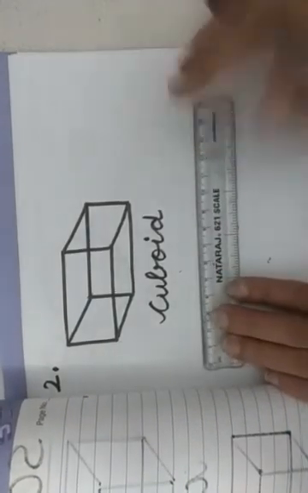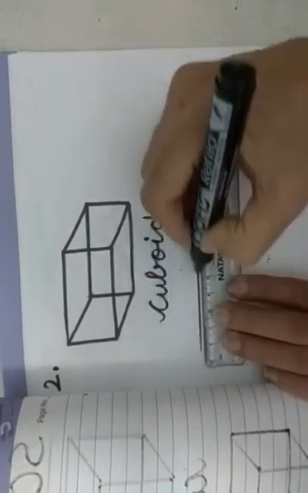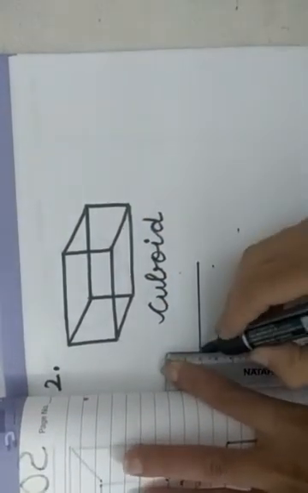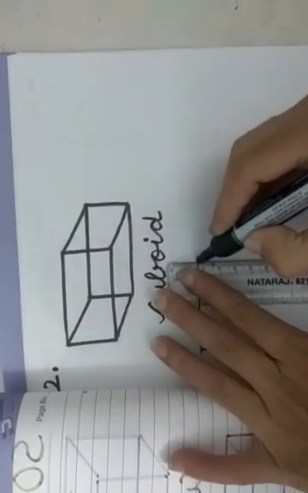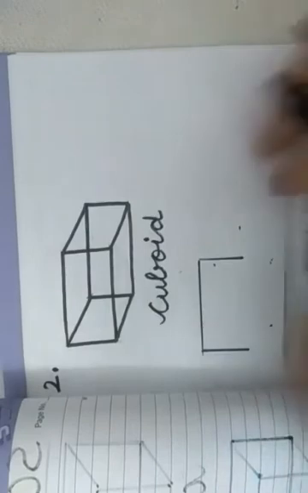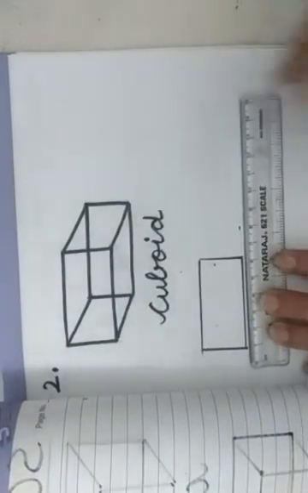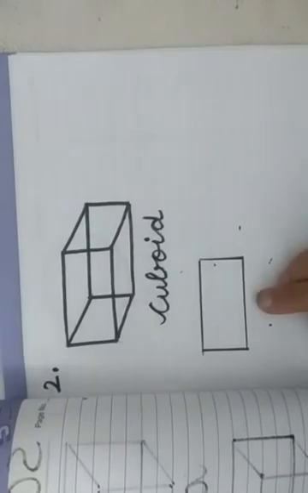Now start. Look here. You have to draw one rectangle. Again, you can use a scale for making straight lines. Look, I have drawn one rectangle.